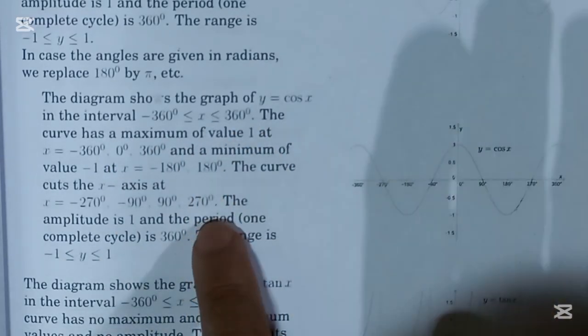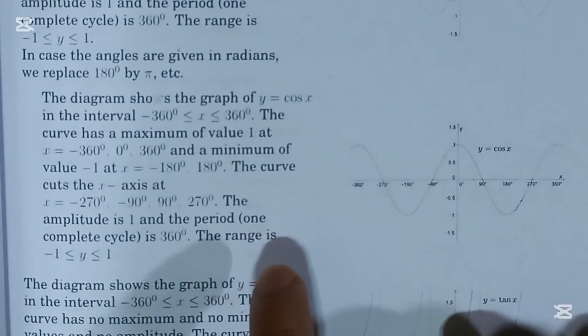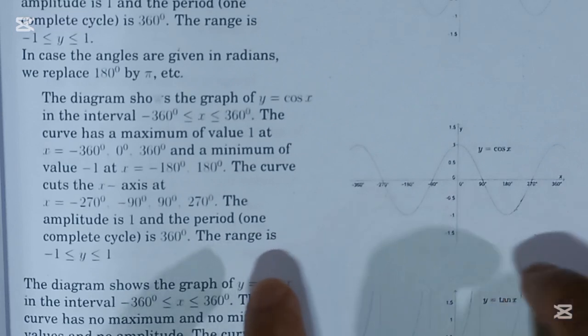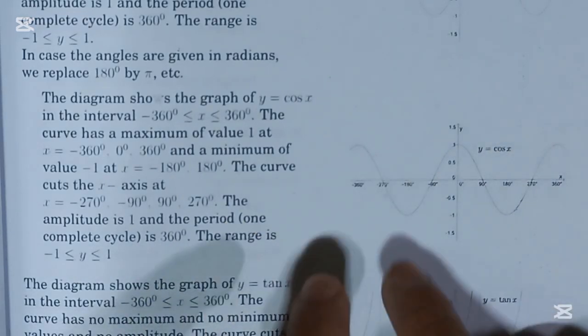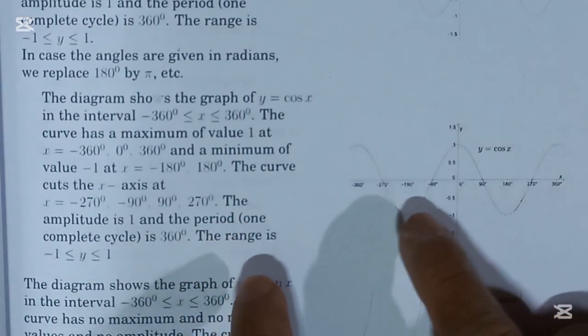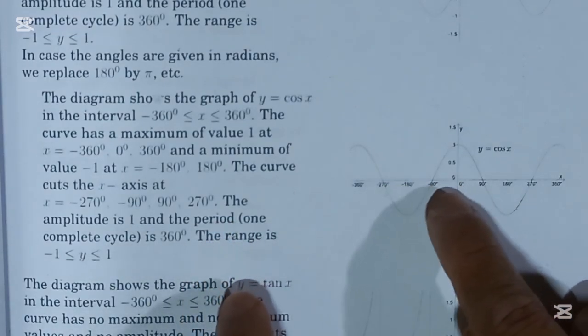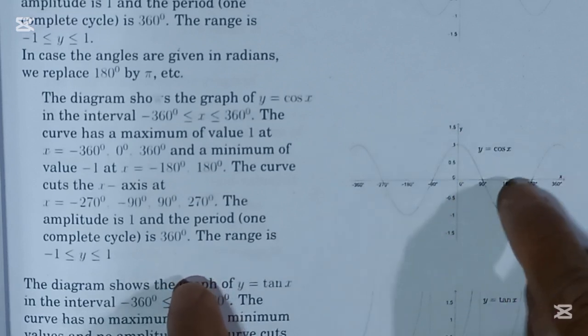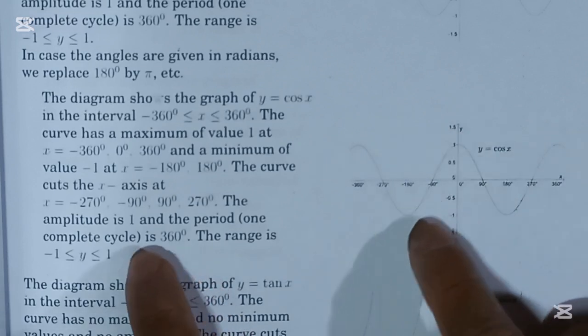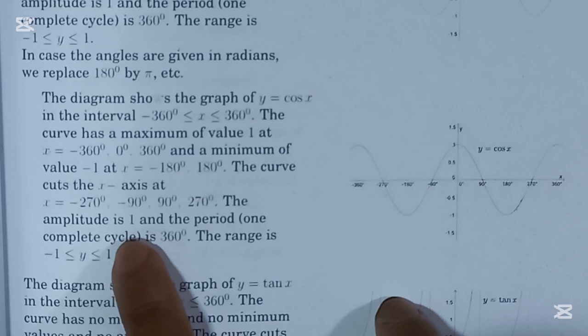So this is also discussed. Next thing which we are going to discuss is the amplitude of cos theta. So the maximum distance obtained from the stationary line of the graph is 1 on both sides, so the amplitude is 1.